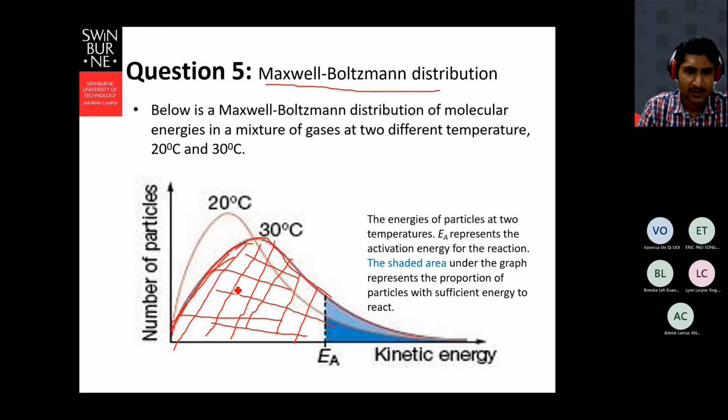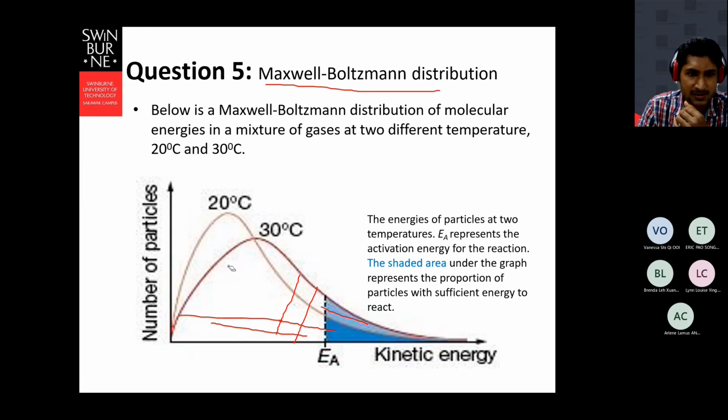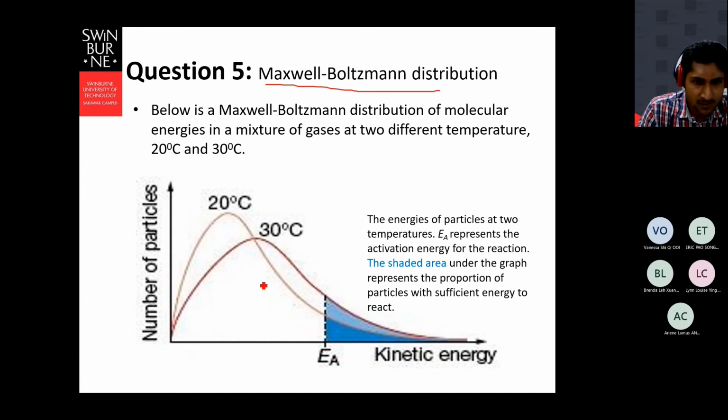And that is why this explains why at higher temperature reactions occur more frequently. We see this is 30 degrees and 20 degrees centigrade, and the particles under this at 20 degrees are this much.